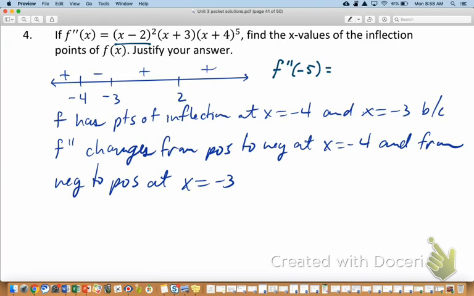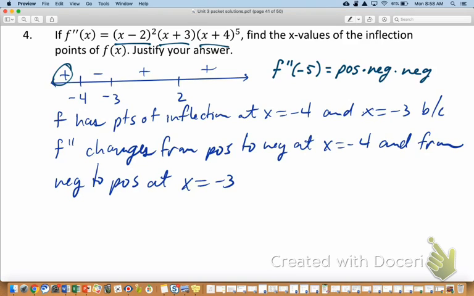If I plug in -5 here, I would get a negative number squared, so that's a positive. Then -5 plus 3, of course, is -2, which is a negative. And then if I plug a negative into that last factor, -5 plus 4 is negative, to the 5th power is negative. So a positive times two negatives gives me my positive right there.